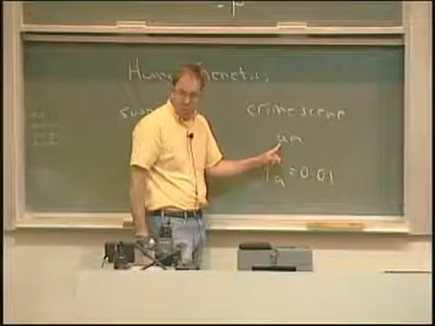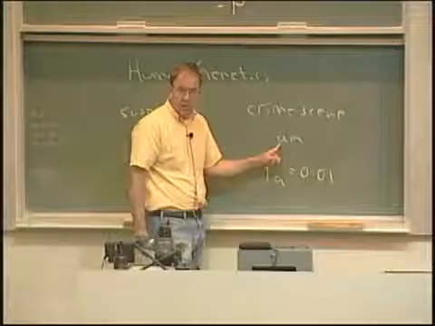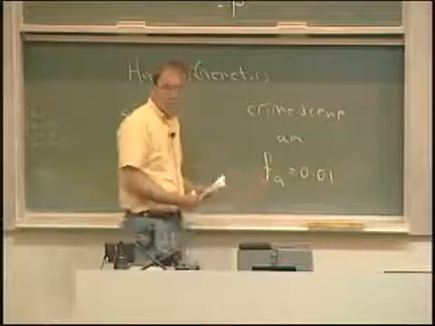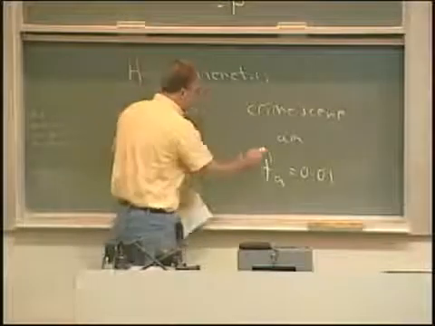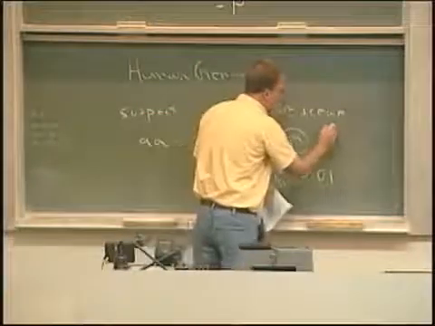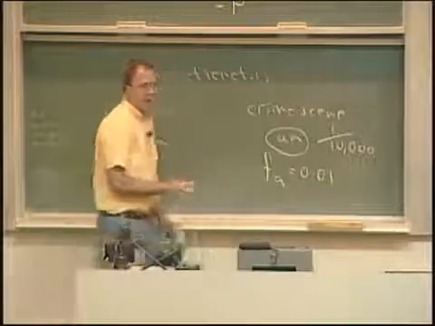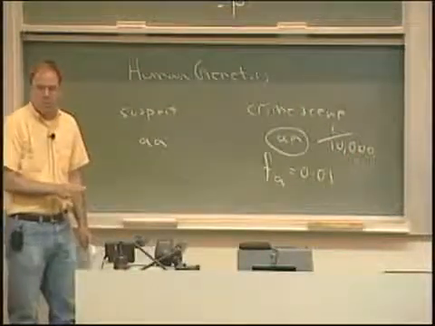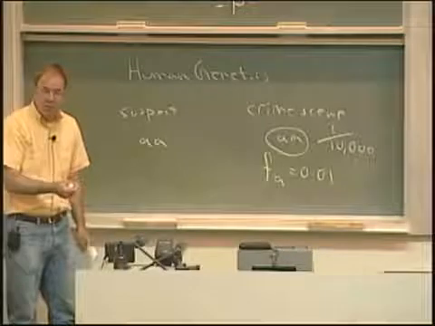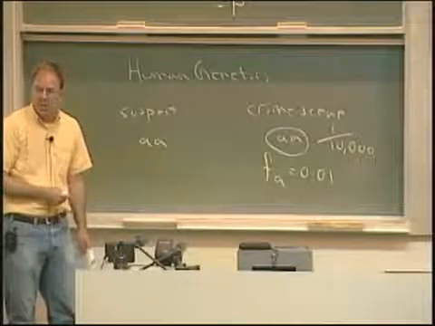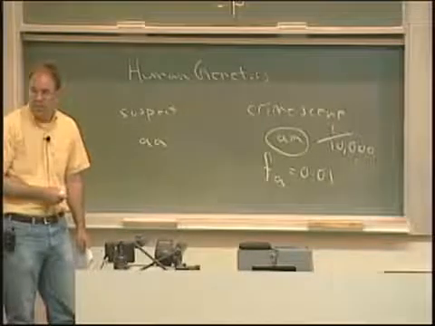0.01 times 0.01, right? Which is 1 in 10,000, I think, right? So the frequency of this genotype under Hardy-Weinberg is predicted to be 1 over 10,000. Now you're actually putting a number on this, the probability that a person randomly drawn from the population would have that same genotype, right? And it's 1 in 10,000.